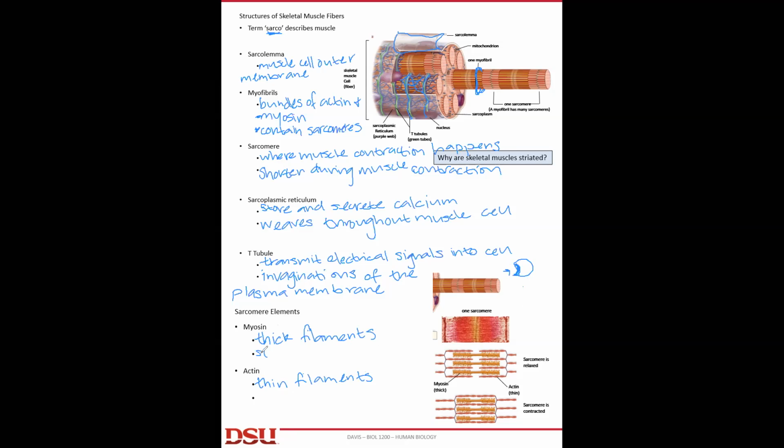It does not move. Okay. So when a muscle contracts, it's not the myosin that's going to move. It's actually going to be the actin, and it's going to slide inward.